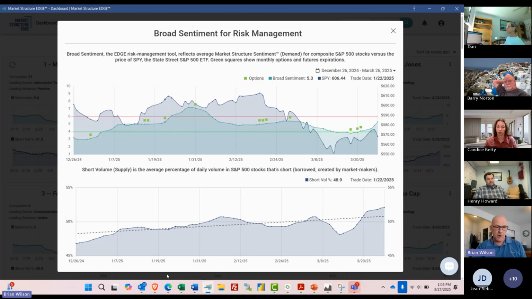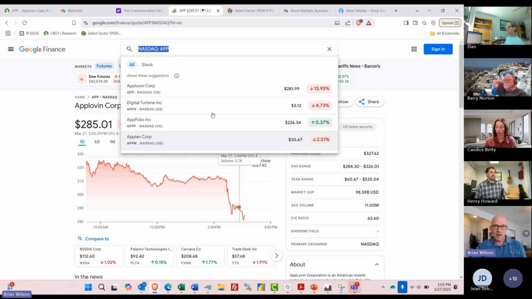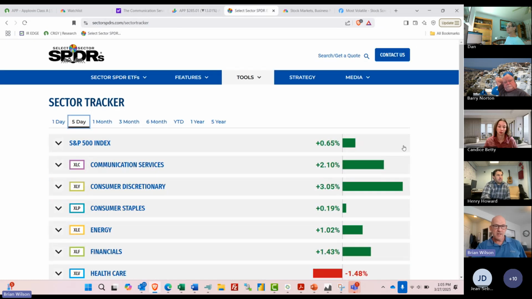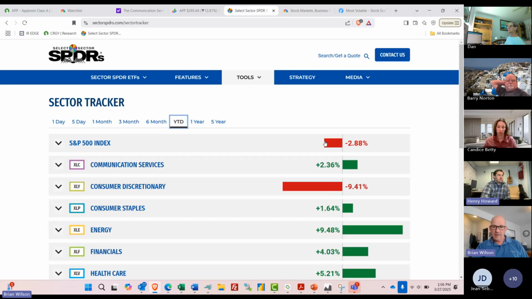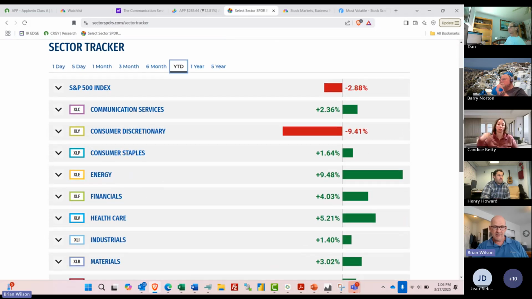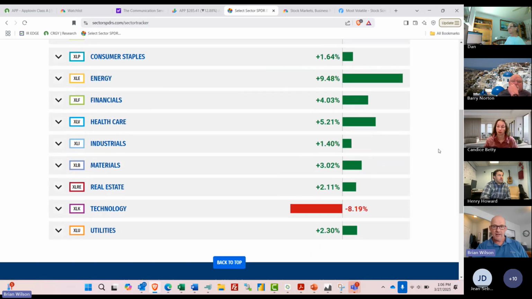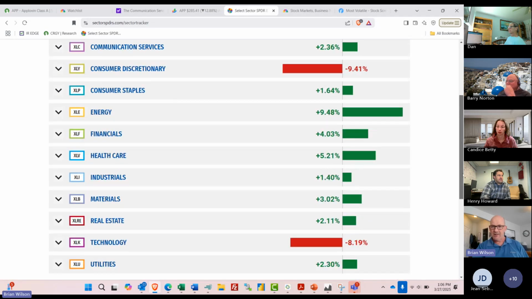If we look at what tech has been doing so far, I've got to move my screen here for a second. Apologies. If we look at what's been happening year to date, there have been only two sectors that have been lower, with the S&P 500 down about 3% year to date. Consumer discretionary, a lot of our big tech components are in there, and technology, obviously a lot of big tech components in there.